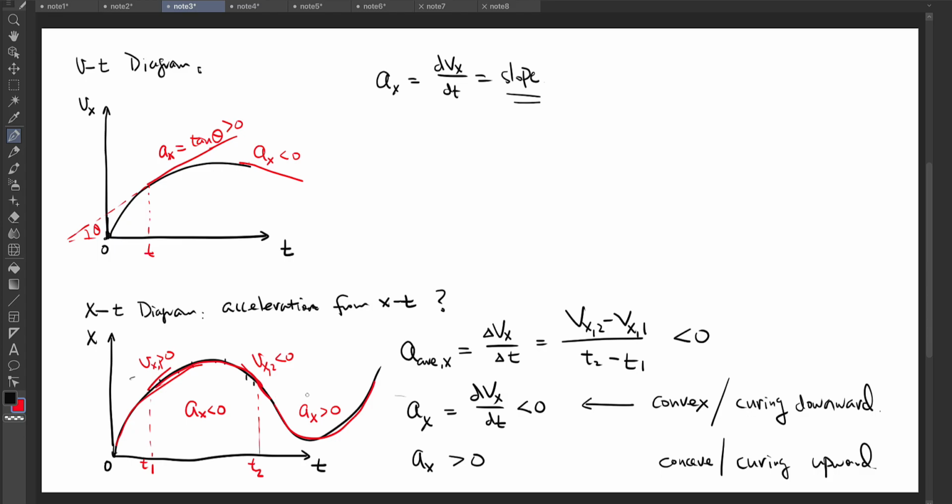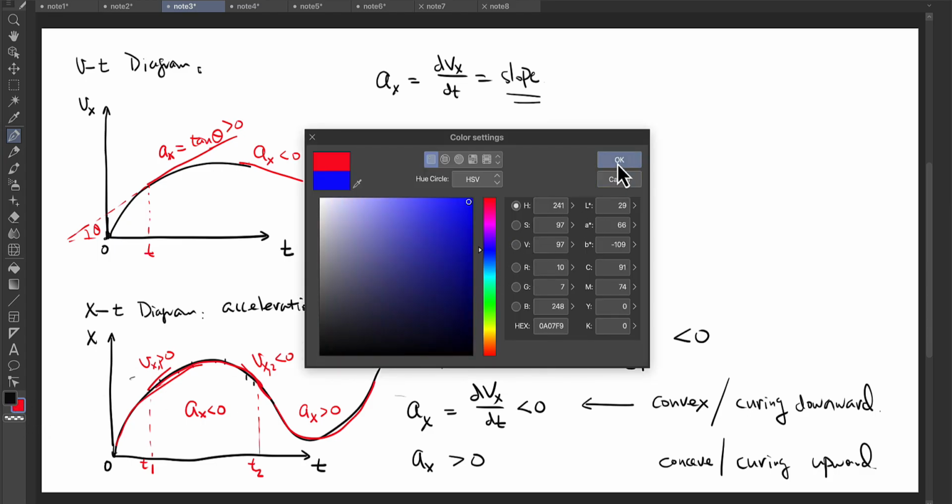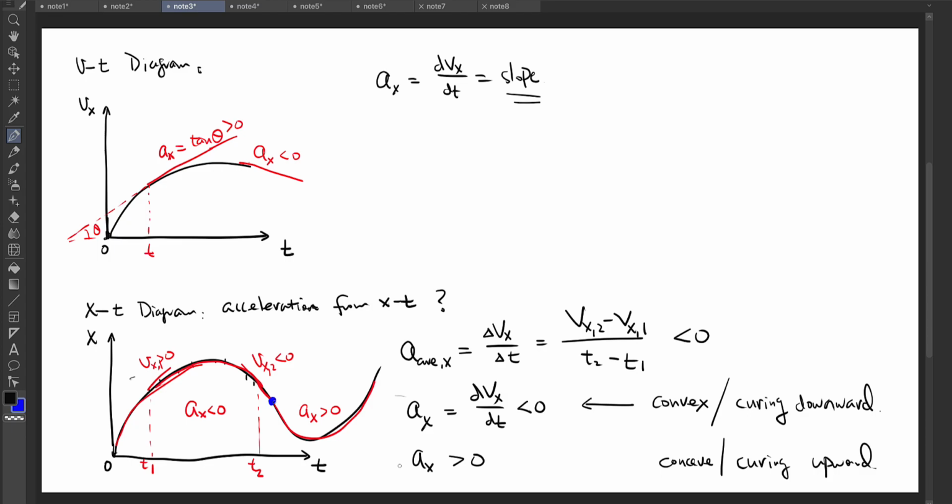So that will inevitably point to the transition point. At this transition point, ax equals 0, meaning when I take the derivative dvx/dt, it becomes 0 here. And that's the transition point for the concave and convex parts of the curve.